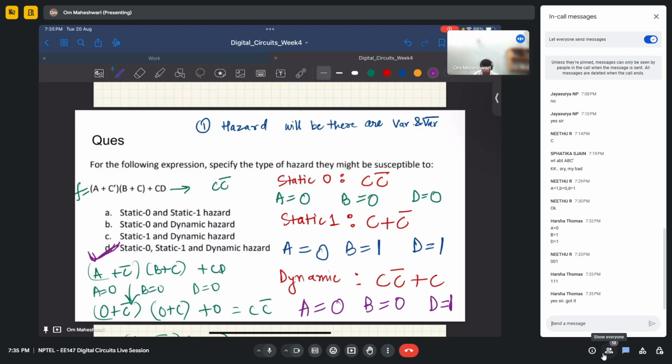So whenever you get these kind of questions, you just see which variables are there given with complement, then check which conditions can you get these kind of expressions. Then you can answer them. Is this question clear?